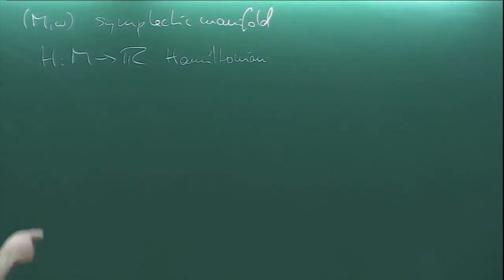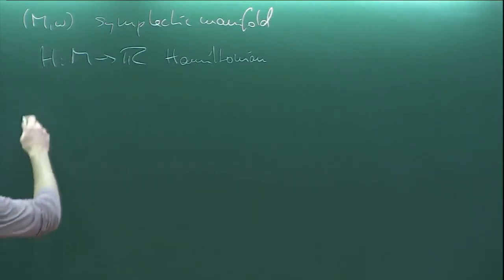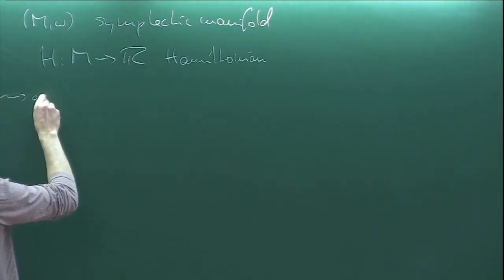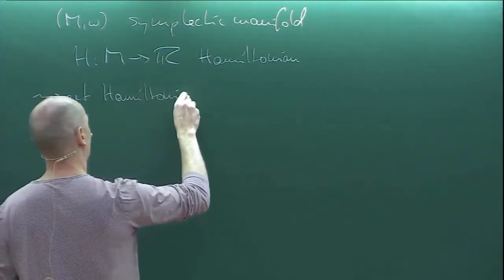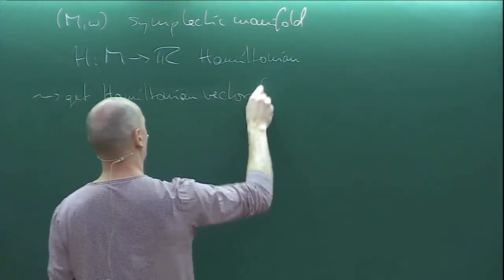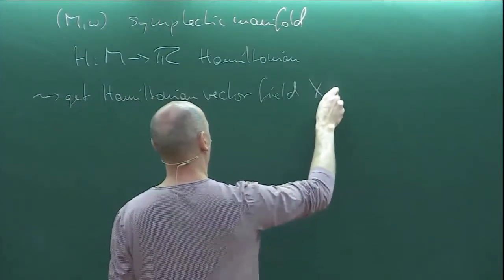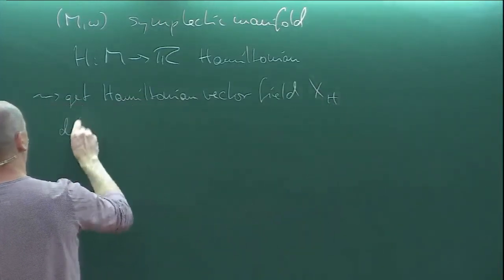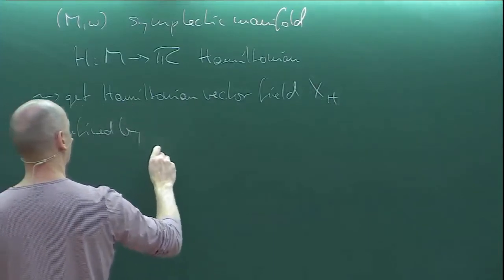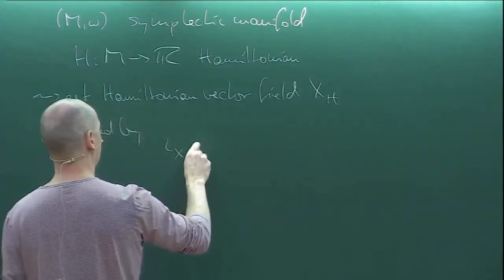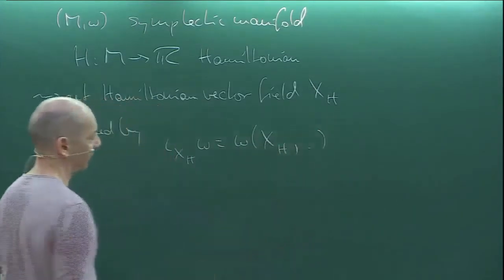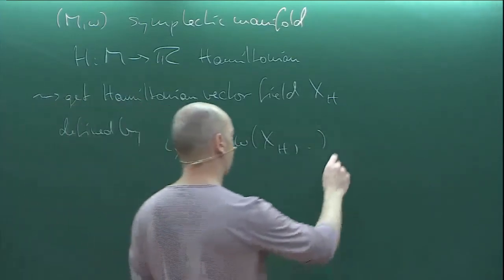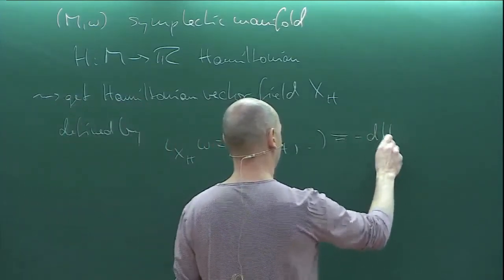And then from the symplectic form and this function, you get a vector field, namely the Hamiltonian vector field, X_H, defined by the equation that if I insert X_H into the symplectic form, by which I mean I put it into the first slot, then what I'm left with is a one-form, and this one-form should be minus dH.